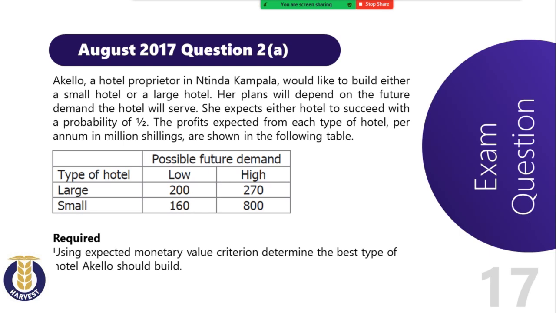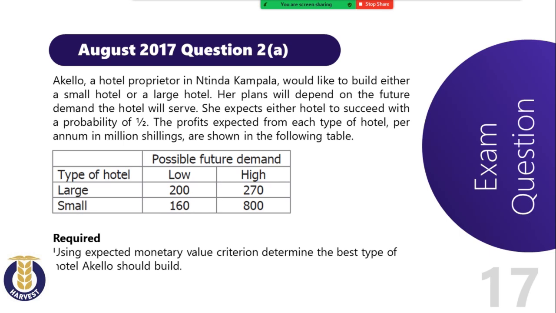Akelo's plans will depend on the future demand the hotel will serve, and she expects either hotel to succeed with a probability of 0.5, which is a half. The profits expected from each type of hotel per annum in millions of shillings are provided in the table below.